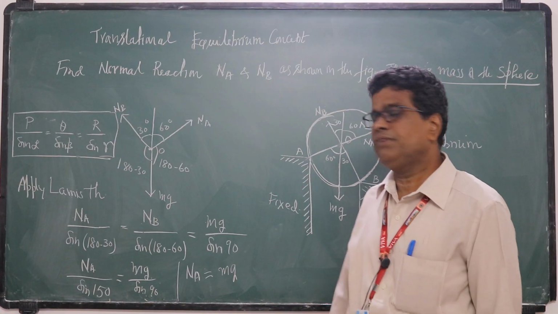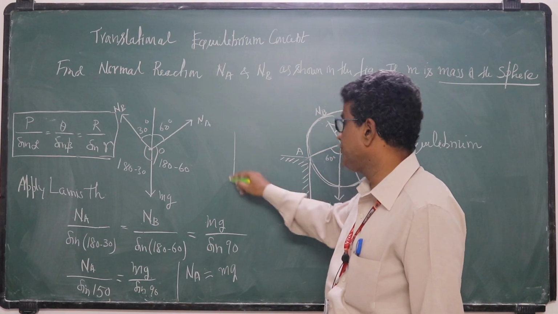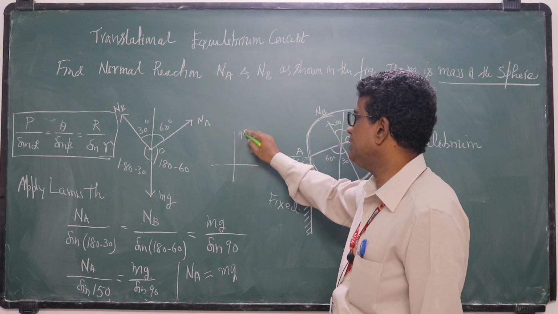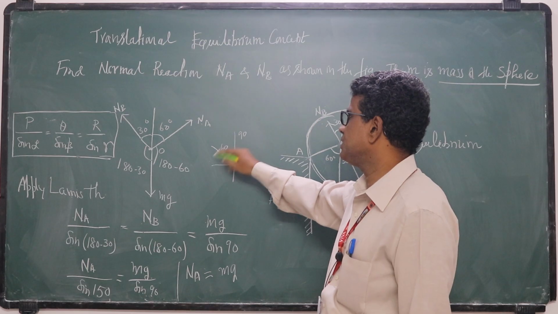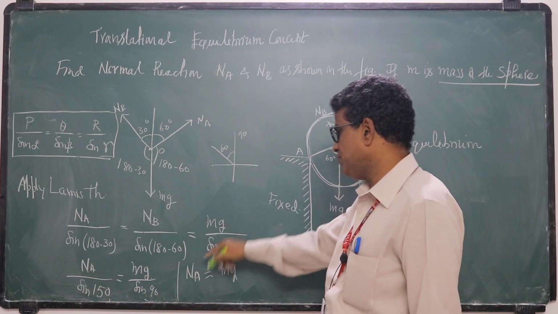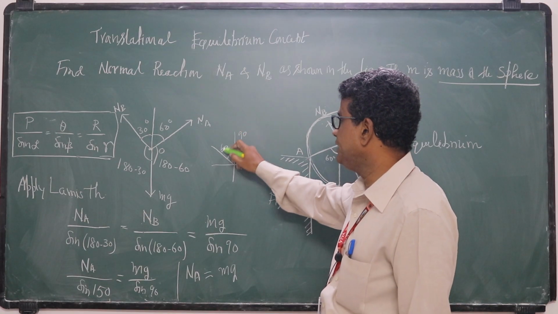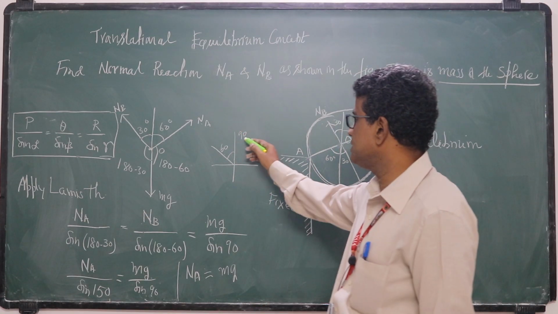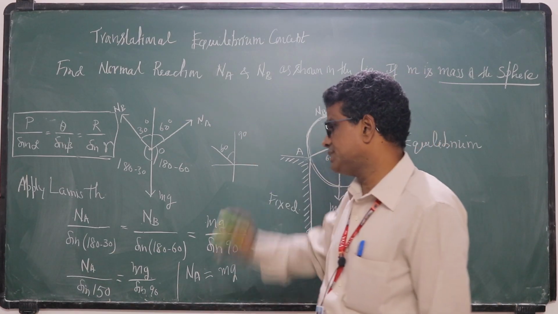What is sine 150? It is 90 plus 60. Sine of 90 plus 60, second quadrant, you will get cos 60.